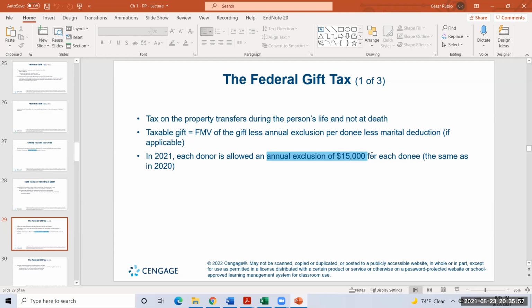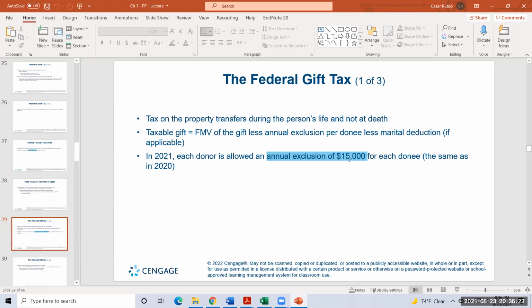So you can actually give $15,000 individually, whether it's to a corporation, a charity, or a person, and it will not be taxable. It's excluded. And this is not 15,000 in total annually, it's 15,000 per person, or per donee, I should say.